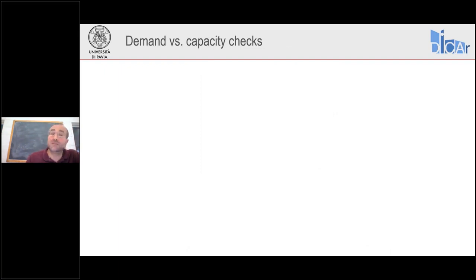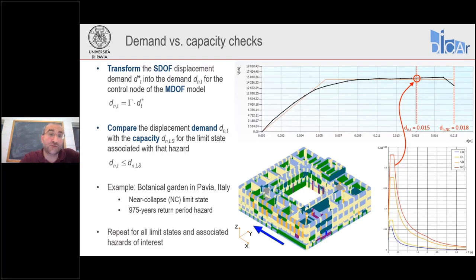The last point is to compare demand and capacity, but this is an easy task because we just transform the demand from the single degree of freedom system oscillator. So we transform D star T into DNT, which is the displacement demand at the control node of the multi-degree of freedom model. How do we do this? Well, we multiply D star T times gamma. Remember, we found the capacity spectrum by dividing the displacements with gamma.